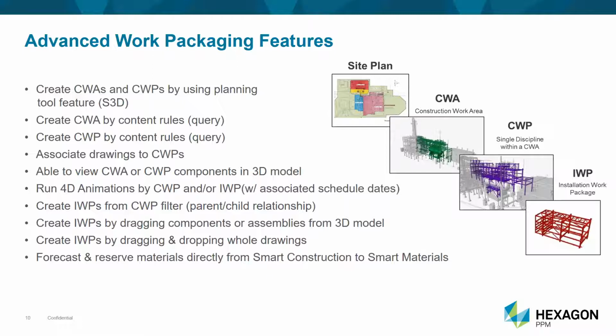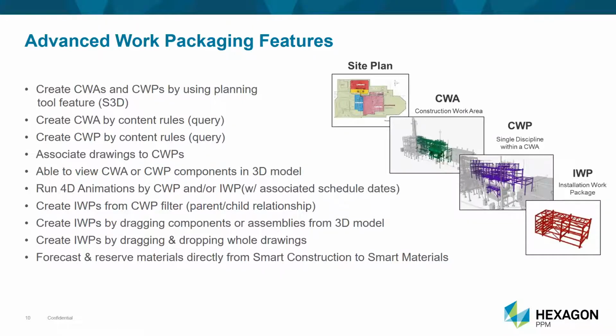There's a lot of user functionality that's easy on them. We have a lot of drag and drop functions. For example, at the IWP, even the CWP levels, you select the level at which you're going to package. You can select it at the whole drawing level.